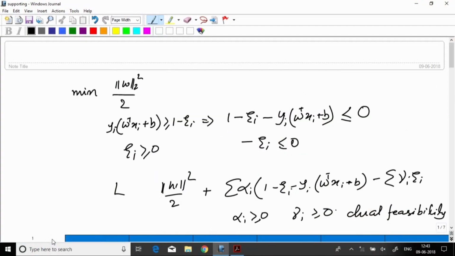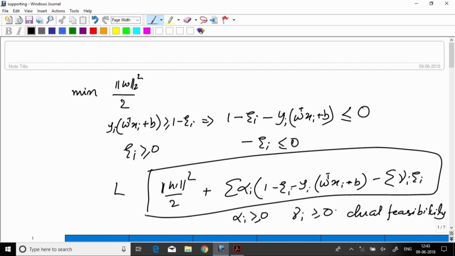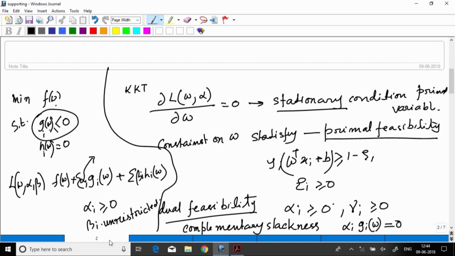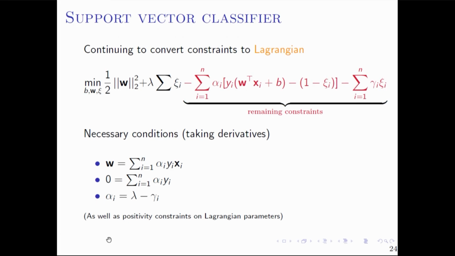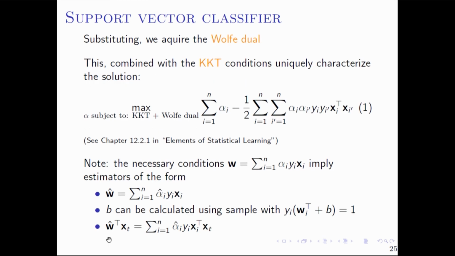You have this Lagrangian function and you have this set of conditions, and the task is to remove the primal variables from the Lagrangian function using these conditions, and then you will get this optimization problem defined only on the dual variables alpha, and even this does not have gamma.